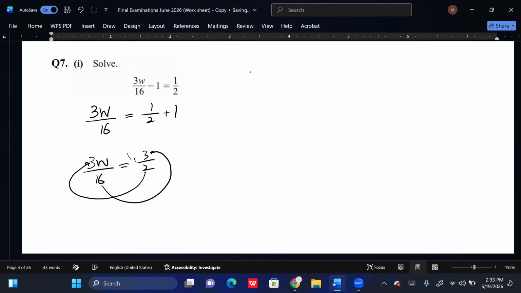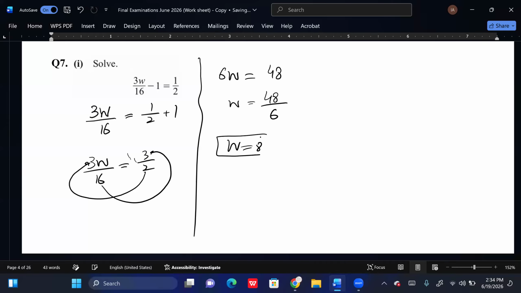It's going to be 6w equals 48. w equals 48 divided by 6. Yes, we got w as 8. This is what asks you to solve the equation. The value of w is 8.